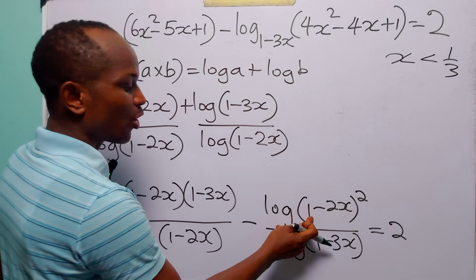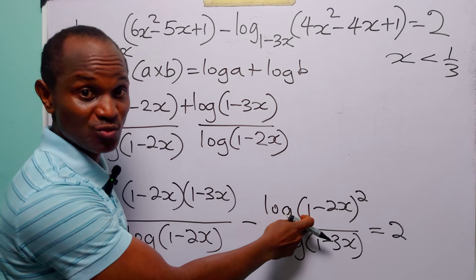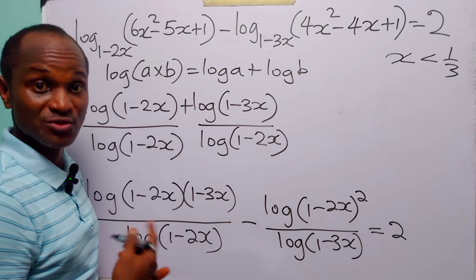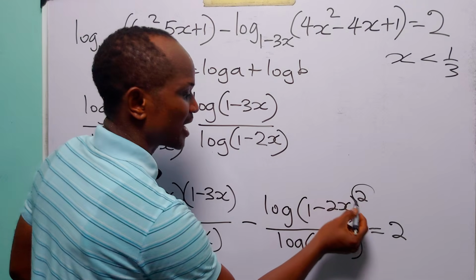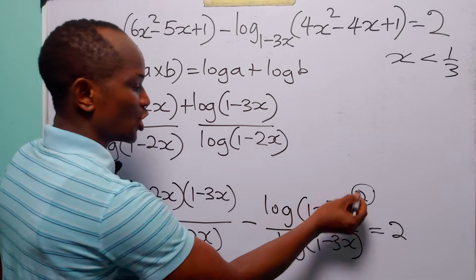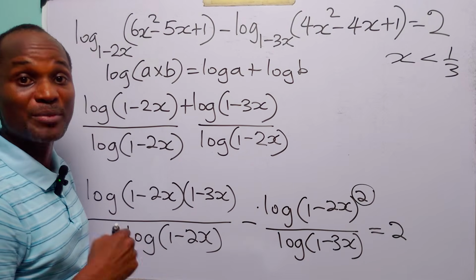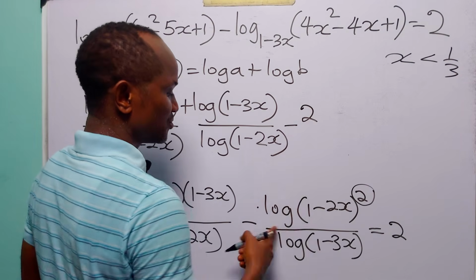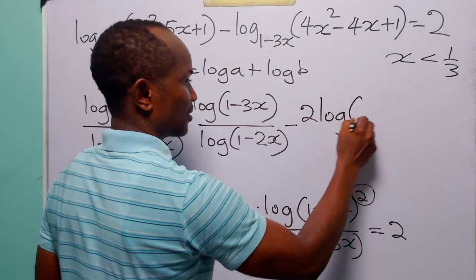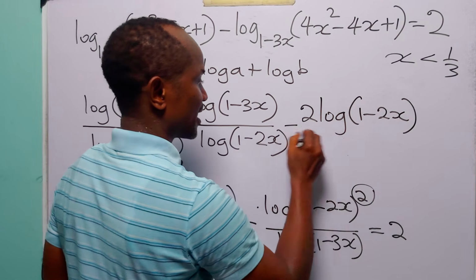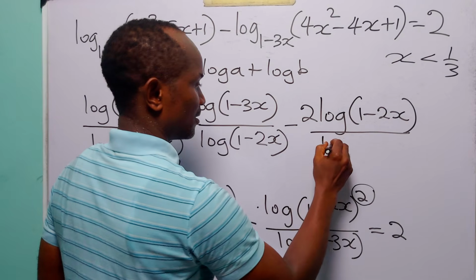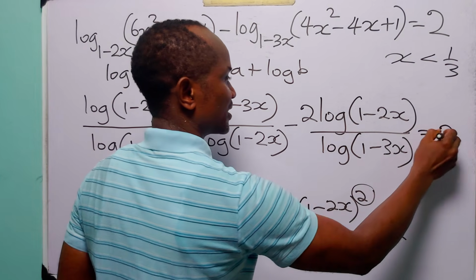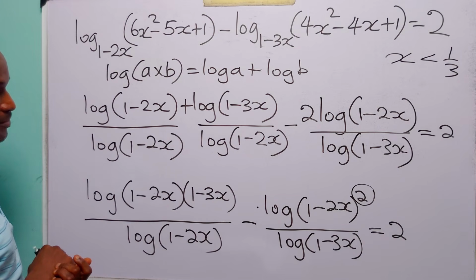And now, since we already know that 1 minus 2x must be positive, we can apply the power rule of logarithms to this term. That is the rule that says that we can bring down this exponent to the front of the log term to become a multiplier. When we do that, then we have minus 2 times log of 1 minus 2x over log of 1 minus 3x. And of course, everything is equal to 2.